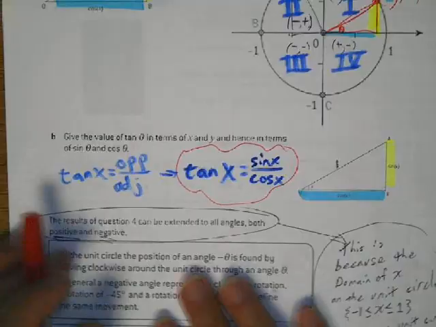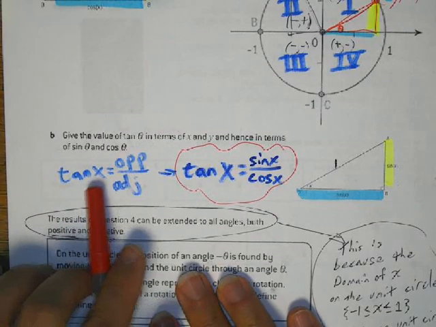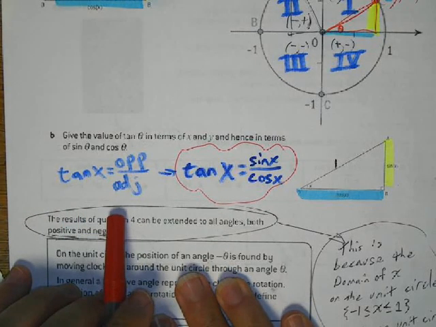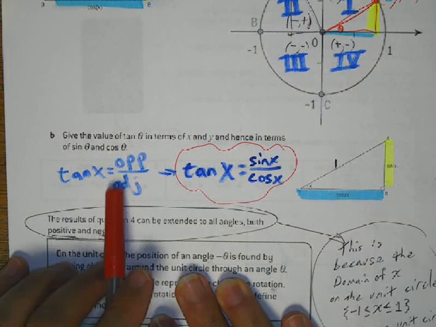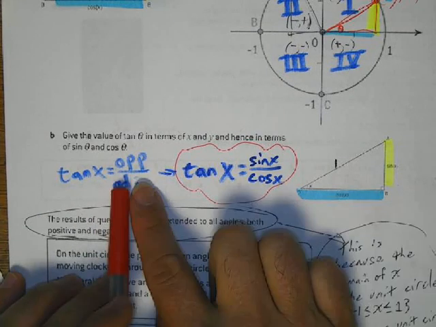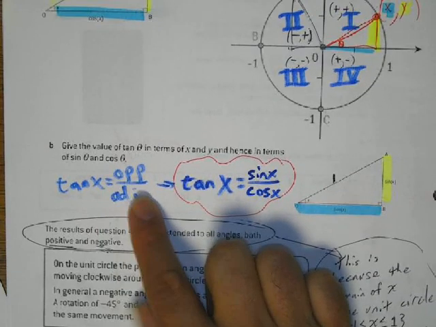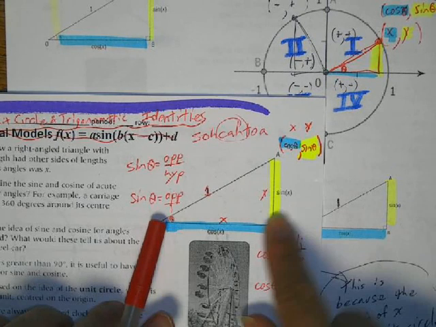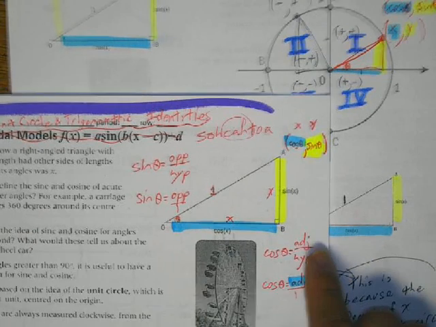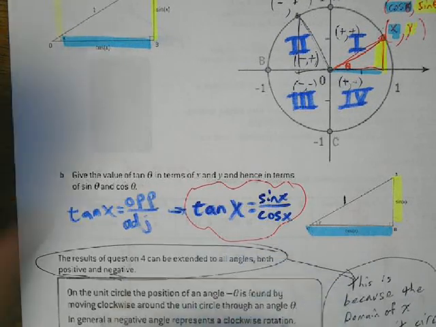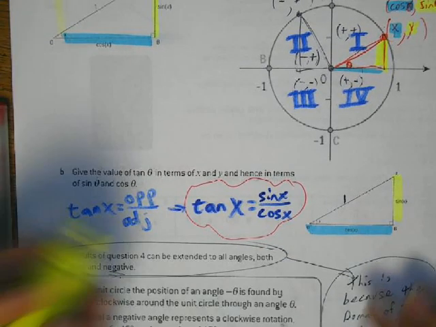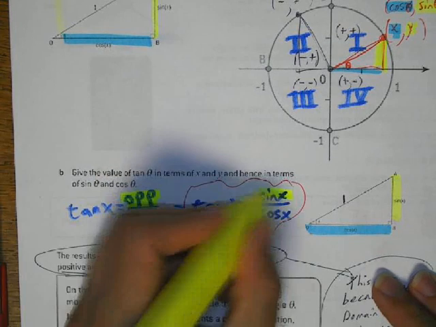You've learned from SOHCAHTOA that tangent is opposite over adjacent. Now, we said on the unit circle that the opposite is sine x, so I'm going to replace the opposite with sine x.